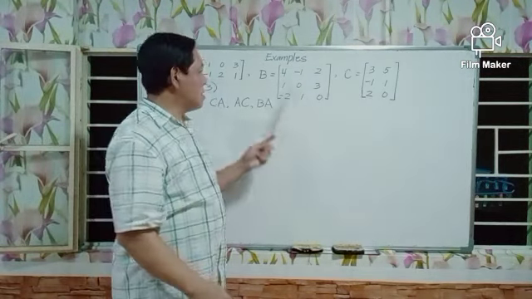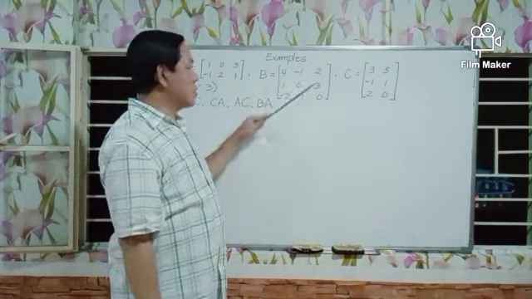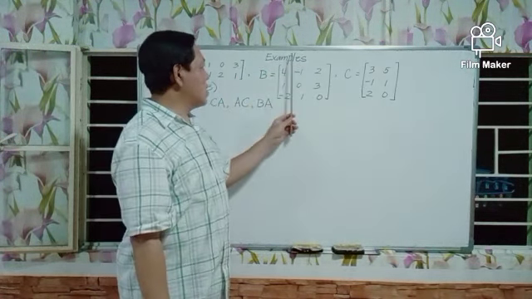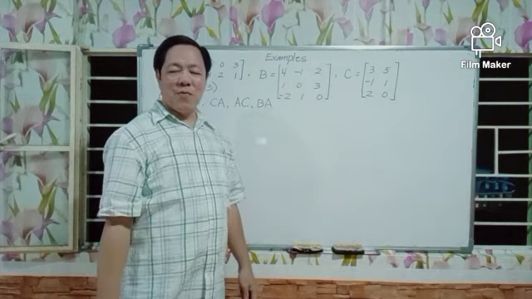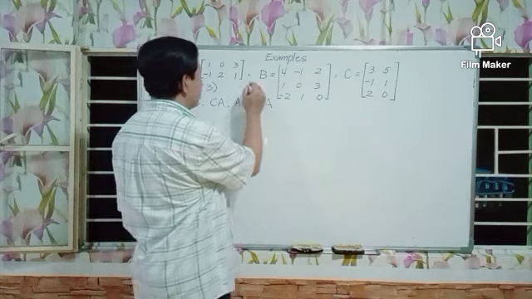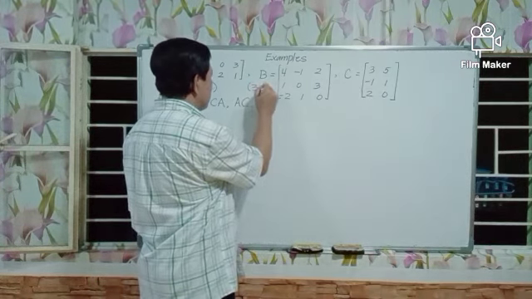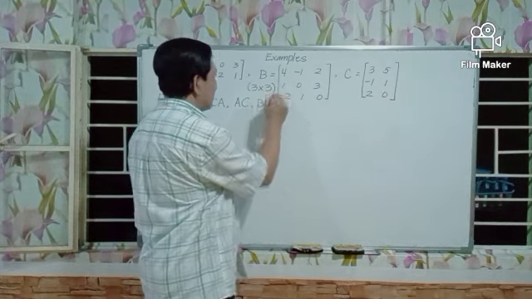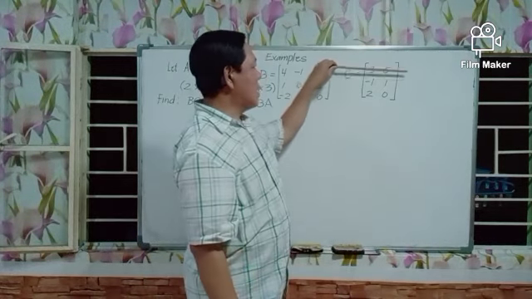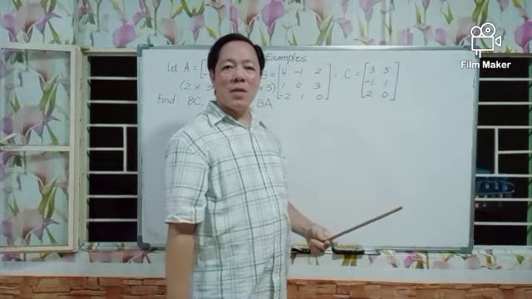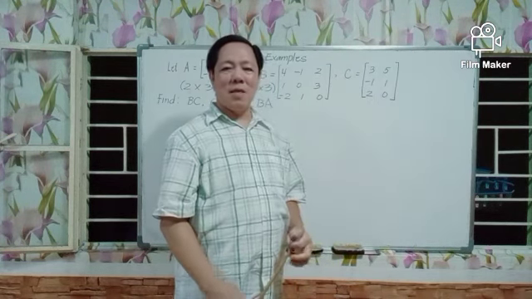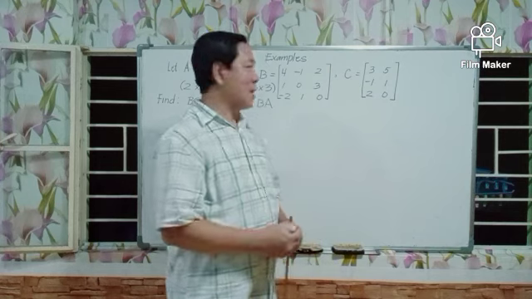Matrix B has 3 rows and 3 columns. Therefore, B is a 3 by 3 matrix. Matrix C has 3 rows and 2 columns. Therefore, C is a 3 by 2 matrix.